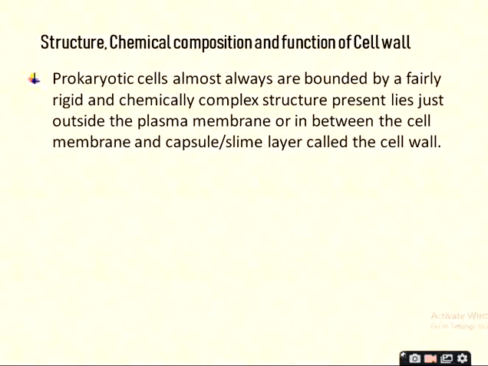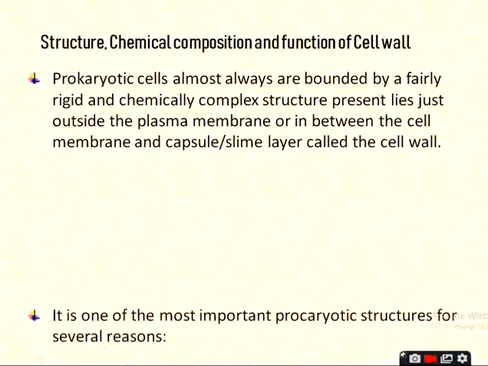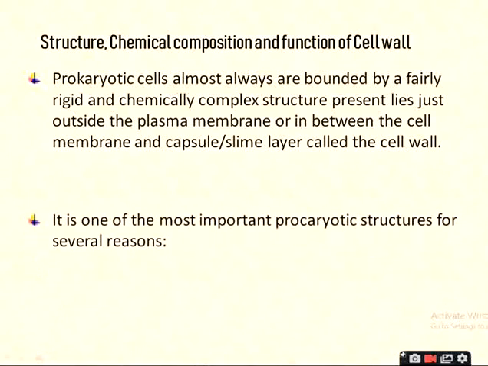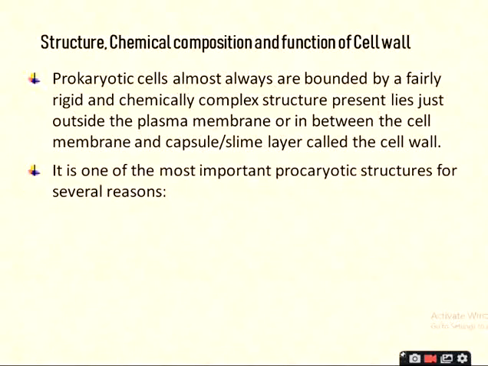Okay, that means in between the plasma membrane and the capsule or slime layer there is one protective layer, which is chemically complex in nature and is present in the cell of the bacteria. That is called a cell wall. Okay, it is one of the most important prokaryotic structures for several reasons.